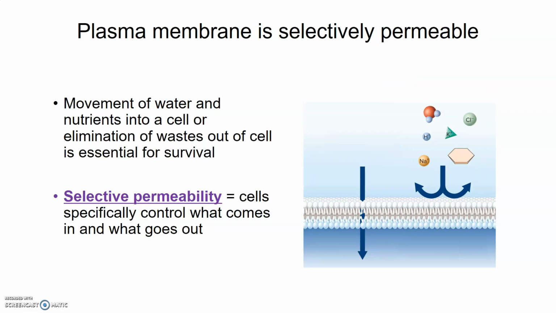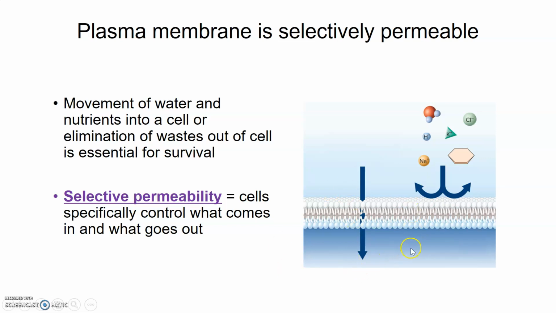And since the function of the plasma membrane is to separate the outside world from the inside of the cell, it has to do that, but your cell can't exist in isolation. Some stuff does have to get in, and some stuff has to get out. We need to be able to move water and other nutrients into the cell so that the cell can make energy, right, and replicate.